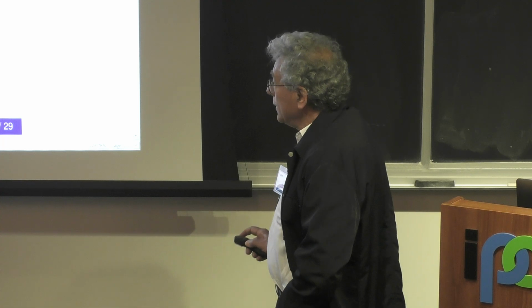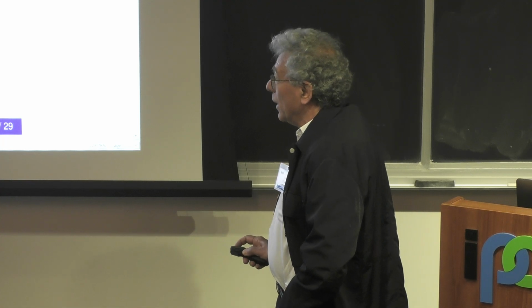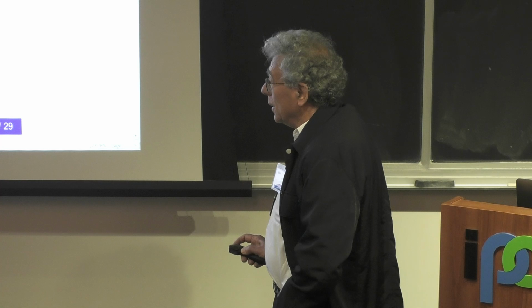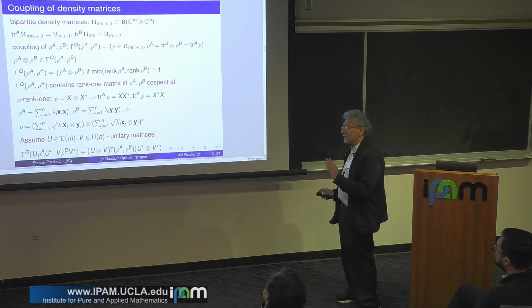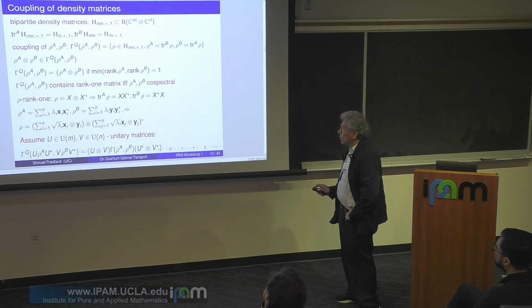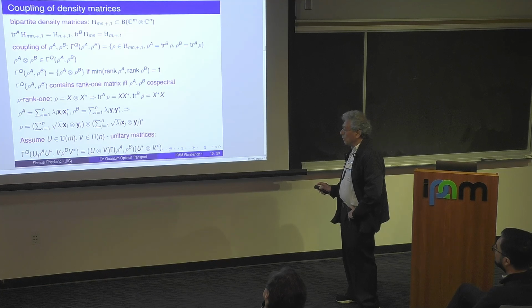So the claim is, if rho is rank 1, then it must be of the form X tensor X star, because this is the analog of a rank 1 matrix: a vector U times U star, the transpose with a bar. So the trace of rho over A and over B gives two matrices that are cospectral.